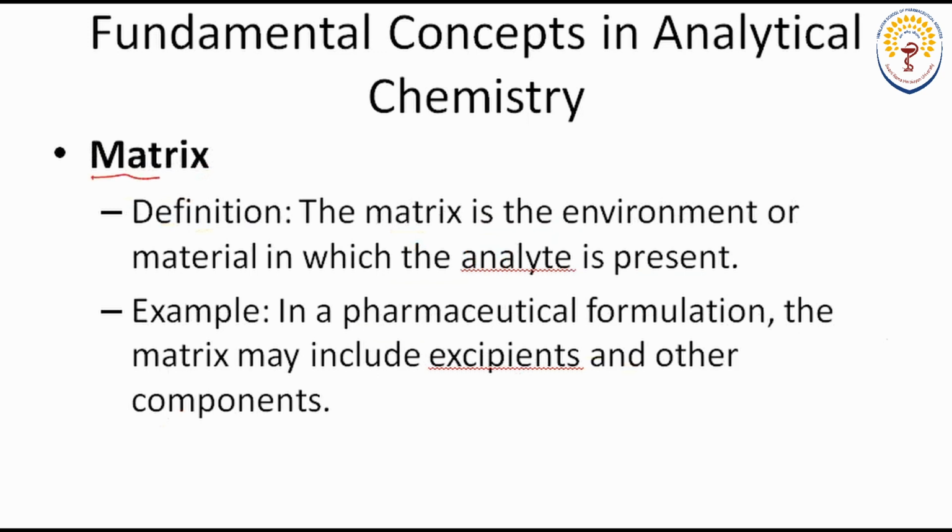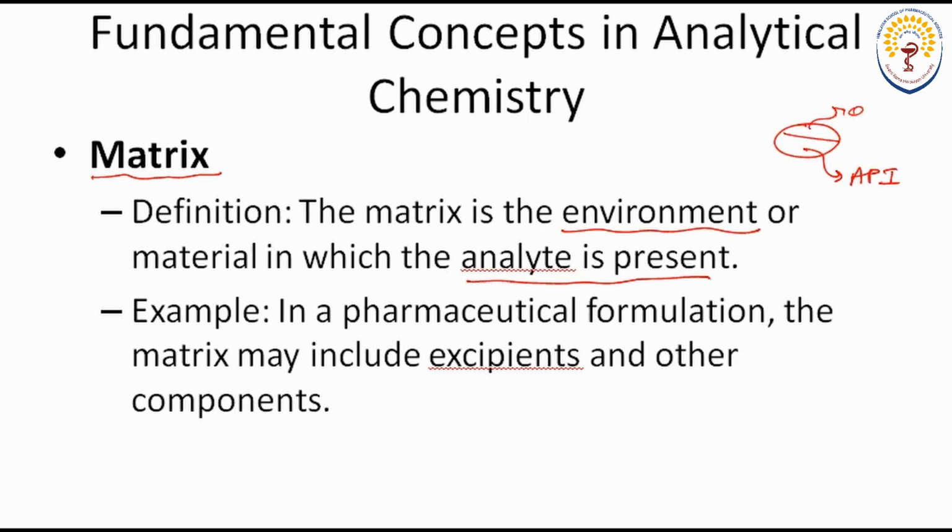Next term is matrix. Matrix is the environment in which the analyte is present. For example, we have a tablet. In a tablet, we not only have the active pharmaceutical ingredient, or API, it also has diluent, binder, and other excipients, sweetening agent.